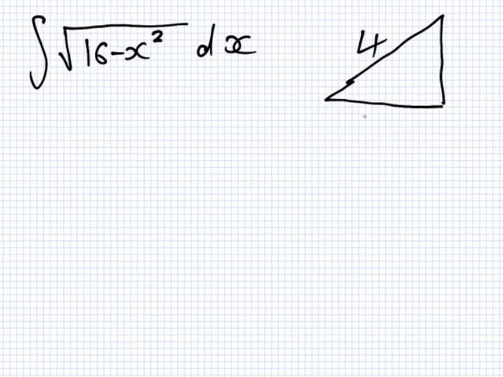Let me just think. I have to call one of these x, and it doesn't matter actually which one I call x. Just give me 30 seconds to remember which one is the x. 30 seconds of peace, please.